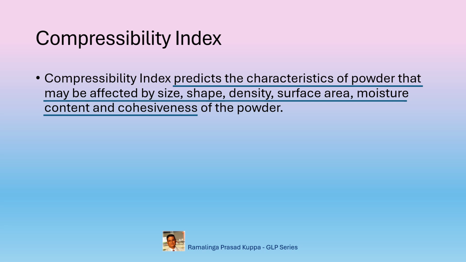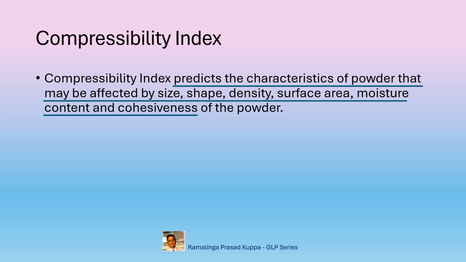Since the powder or granules are passed through huge transfer hoppers for making tablets or filling into capsules, there is a possibility of friction because of the entrapped air and uneven flow of the powder. This compressibility index will help to resolve the issue of free flowing of the powder.